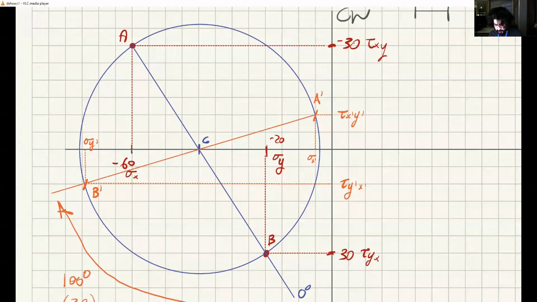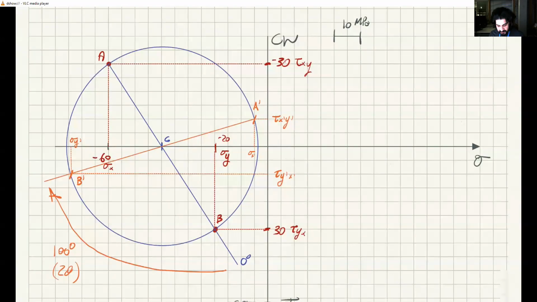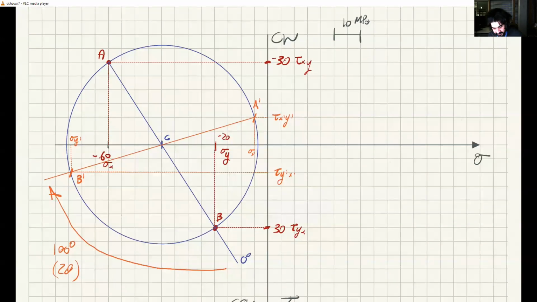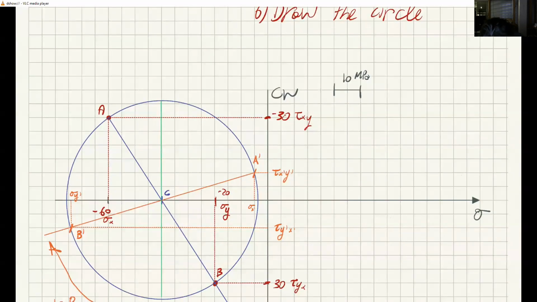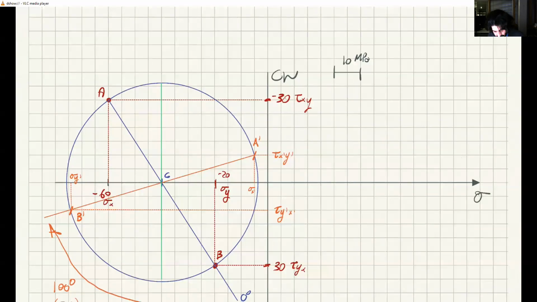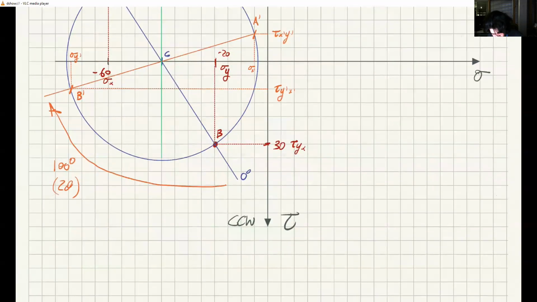Okay, two more important diameters that we can take are the maximum shear stress diameter, which is this one. The vertical diameter of the Mohr circle is extremely important because it gives you negative tau max and positive tau max, which are of course the same number, just one is positive, one is negative.